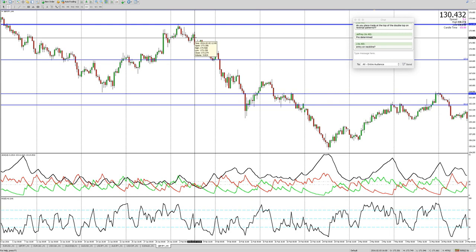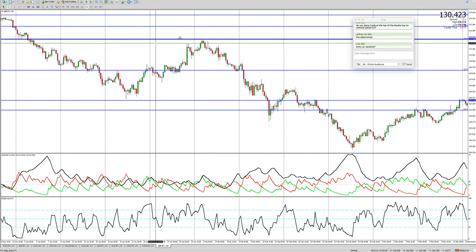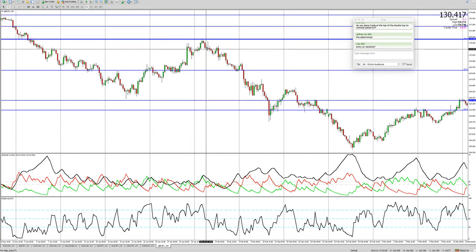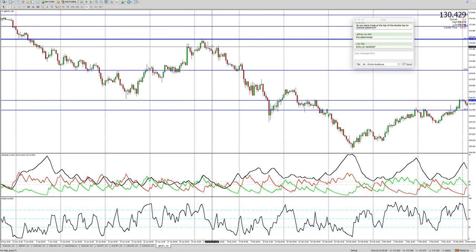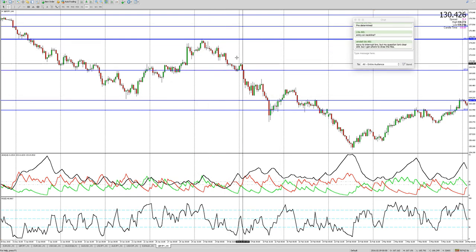What time is that? 1 hour after New York Open, which for me will be 9 a.m. And it's a head and shoulders pattern. And it's after 1, here's your level 2, here's your level 3. Instead of getting a double top, we have a head and shoulders, a different variation of a high. You see where I'm going with that, Jay? Randall?